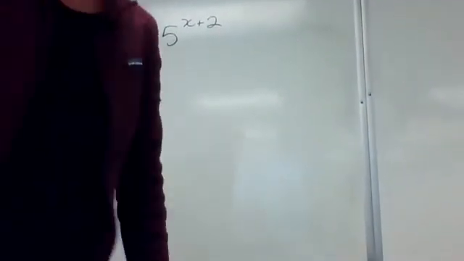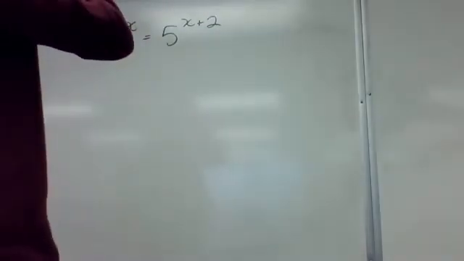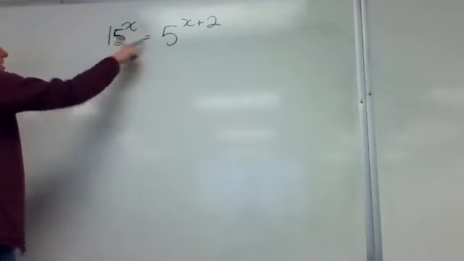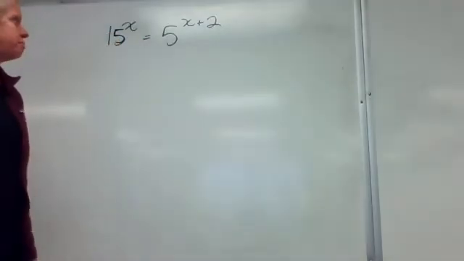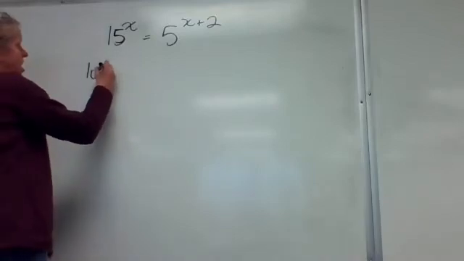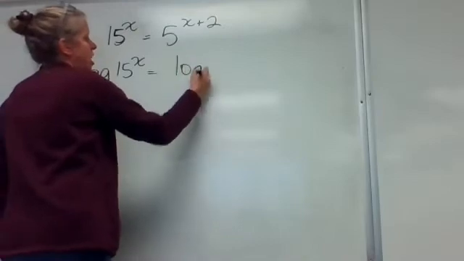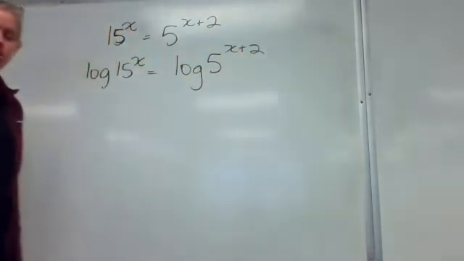You got 15 to the x equals 5 to the x plus 2. Okay, unfortunately, I can't rewrite this 15 with a base of 5. So I am going to log both sides. So let's see, log of 15 to the x is equal to log of 5 to the x plus 2.